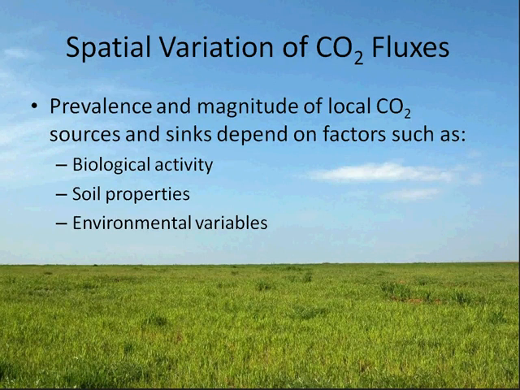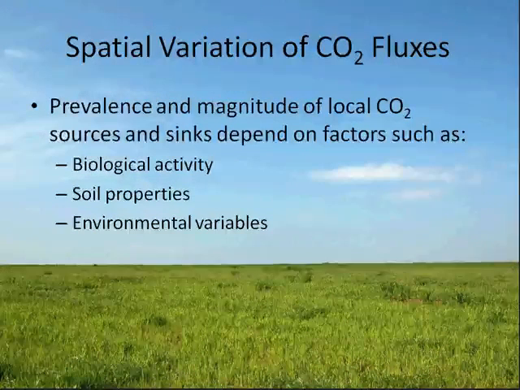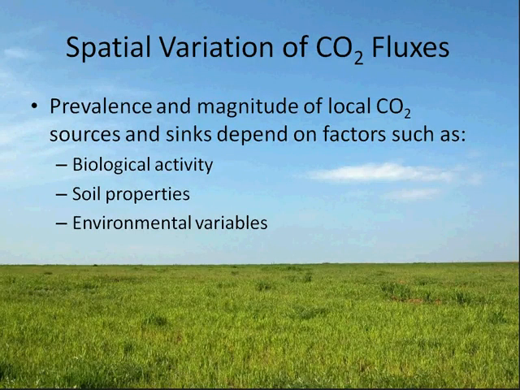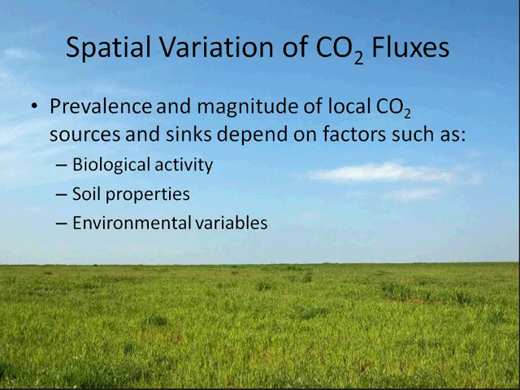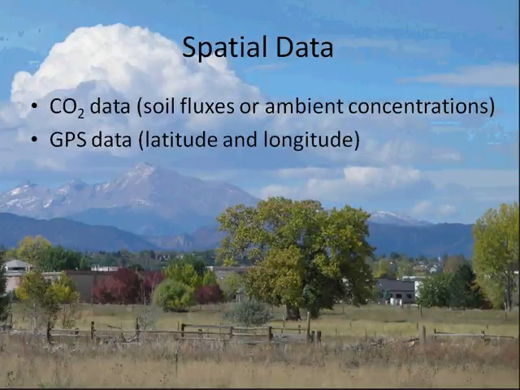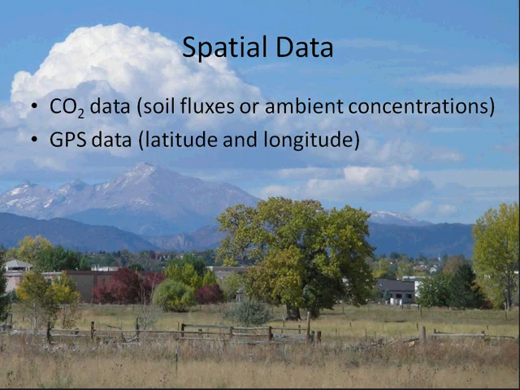The prevalence and magnitude of local CO2 sources and sinks depends on factors such as biological activity, such as respiration, soil properties, such as porosity and organic matter, and environmental variables, such as temperature, moisture, and air pressure. In addition, anthropogenic sources such as vehicle emissions also play a large role. Soil CO2 flux or ambient CO2 concentration can be combined with latitude and longitude to provide better insight into the location and nature of these sources and sinks.